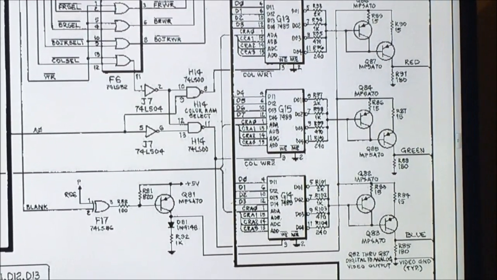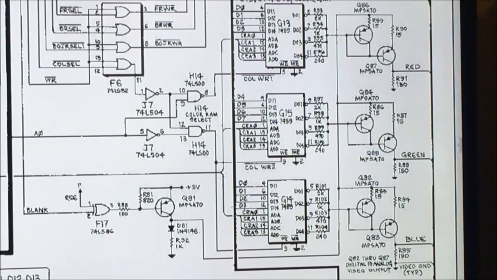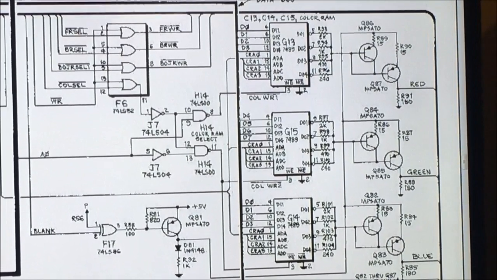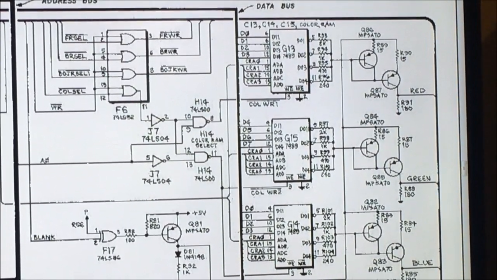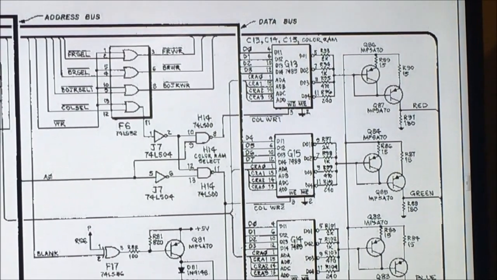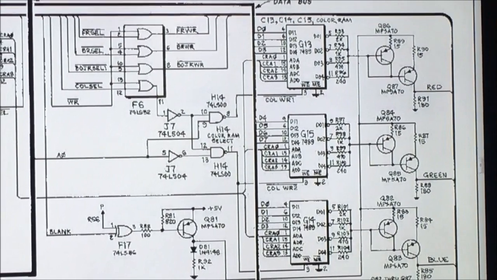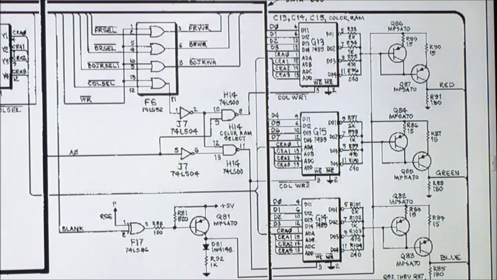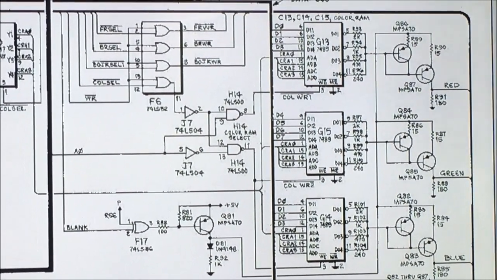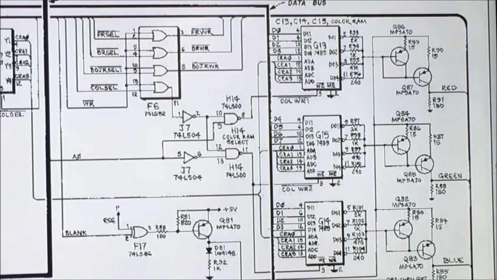So I'm going to trace back to the RAM and find out exactly what RAM are the color RAM on this board, and probe those RAMs, see if I got any data coming out of the RAMs, and I'm going to probe that blanking signal off of the LS86. So that will be a good place to start.